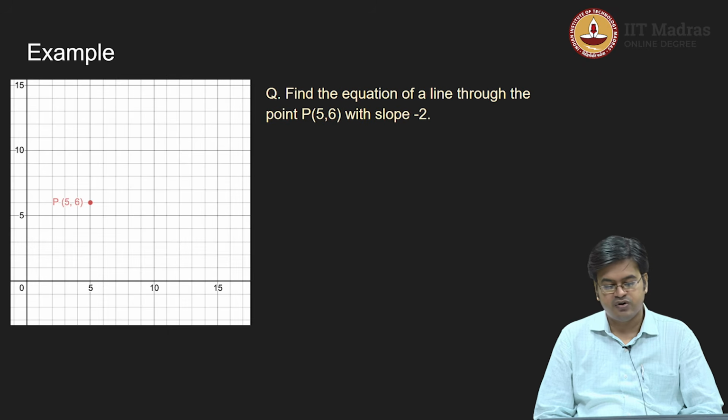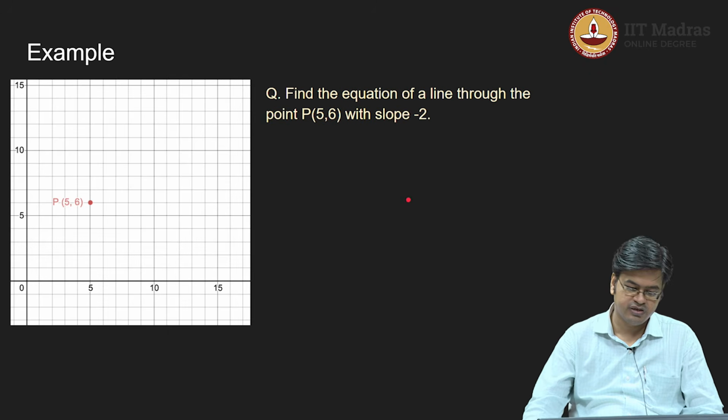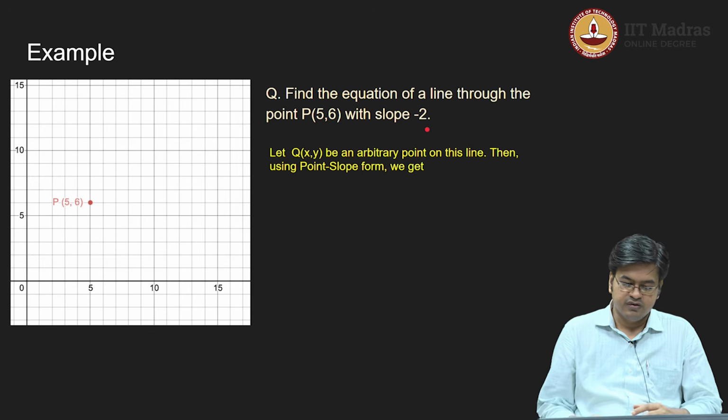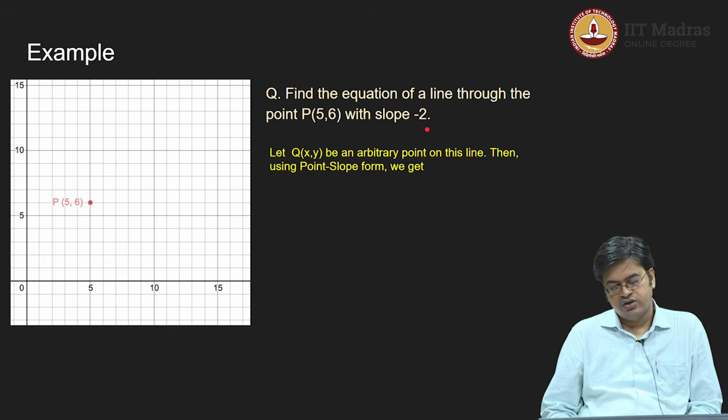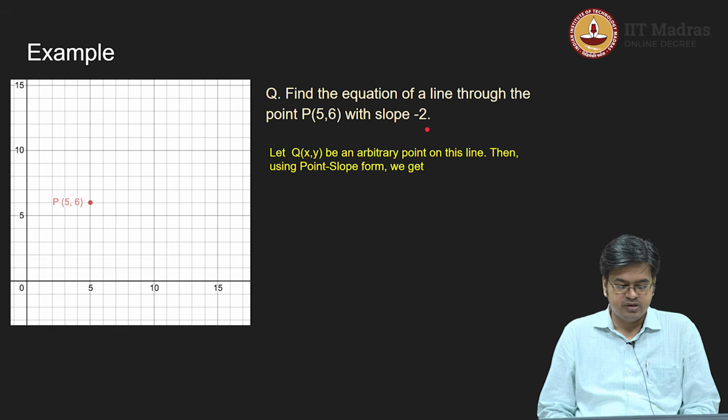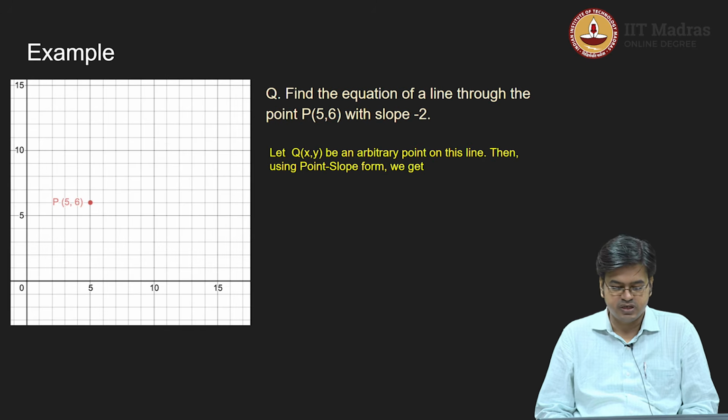So now I have a formula for point slope form. I can use that formula and I can straight away derive it. Let us try Q(x, y) is an arbitrary point, so I need two points to identify a line. So Q(x, y) is the arbitrary point on this line.